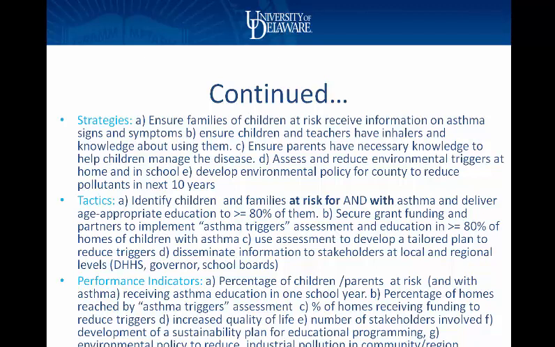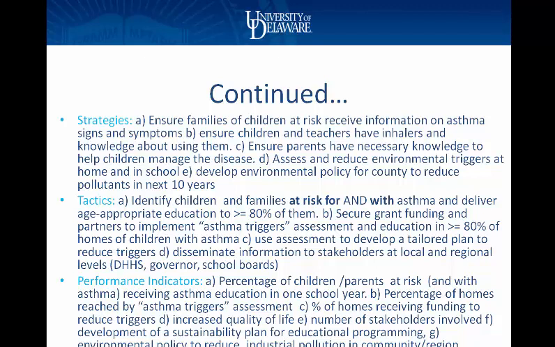Ensure parents have necessary knowledge to help children manage the disease. When they feel something coming on, if they identify a trigger, make sure that they're educated. Assess and reduce environmental triggers at home and in school if at all possible. So whatever may be causing it at home, whether it's dirt or dust or mites, in school would be the same.